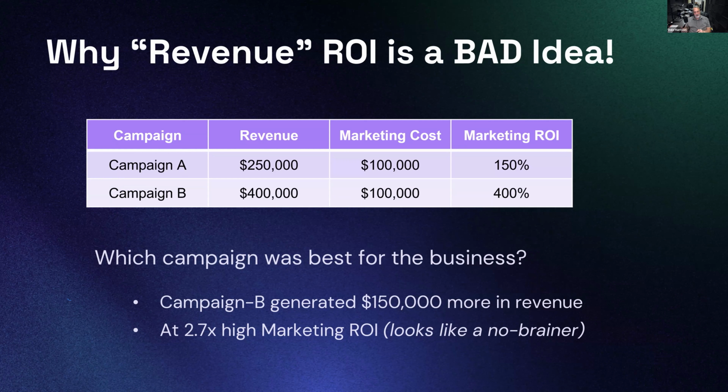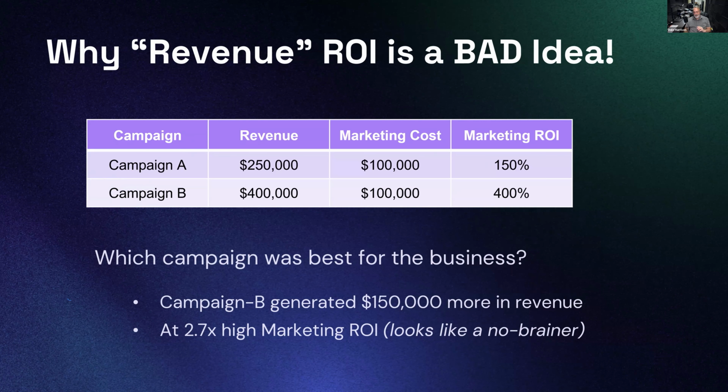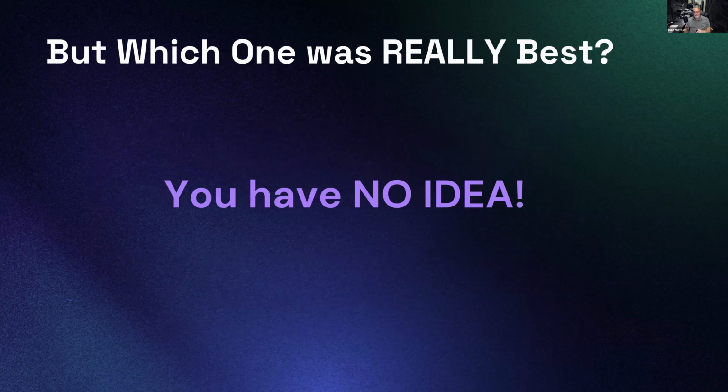So we have 150% ROI and a 400% ROI. So which campaign was best for the business? If this is all you know, then you would say campaign B generated 150,000 more in revenue and has almost 3 times higher marketing ROI. It looks like a no-brainer. But reality is you have no idea. This information tells you nothing about which of these campaigns was best for the business.